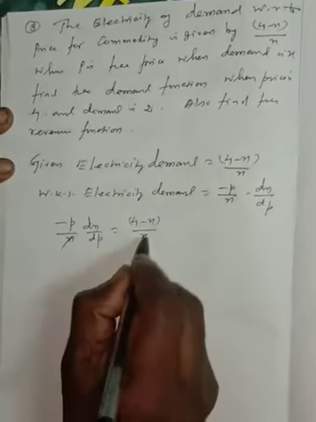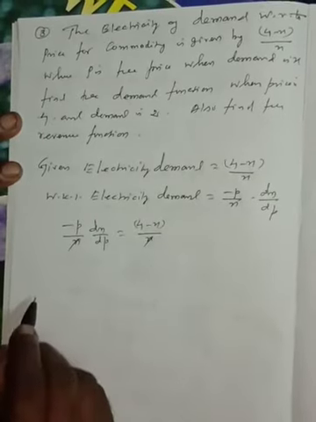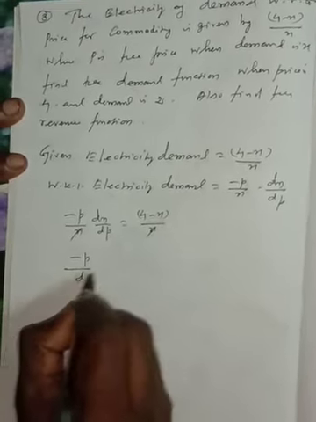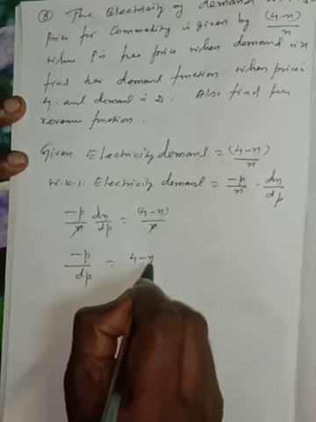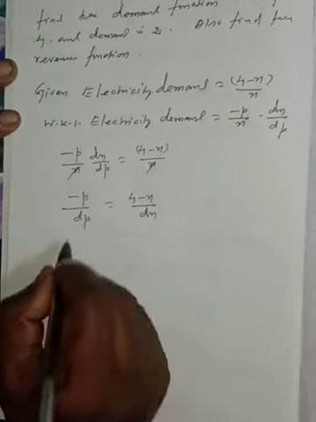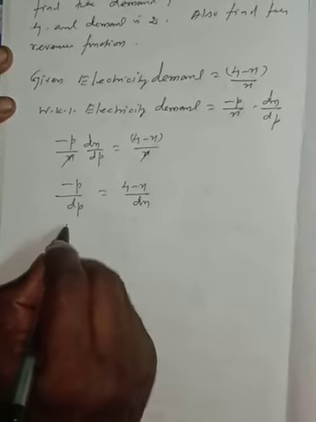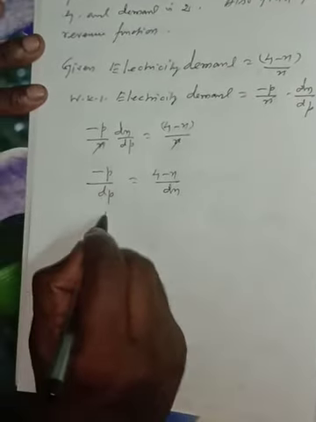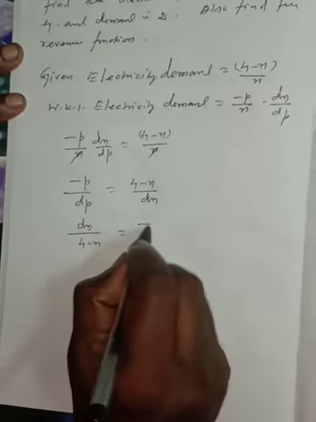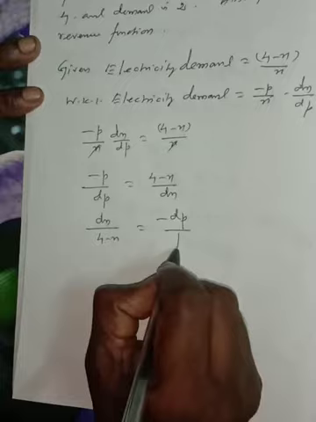Now x cancels. Minus p dx divided by dp is equal to 4 minus x. Reciprocal gives dx by (4 minus x) is equal to minus dp divided by p.